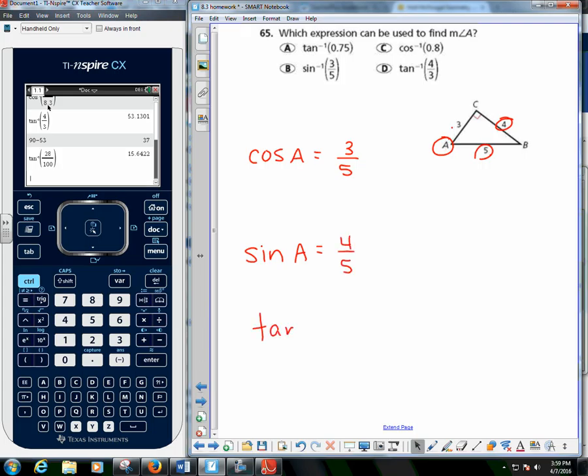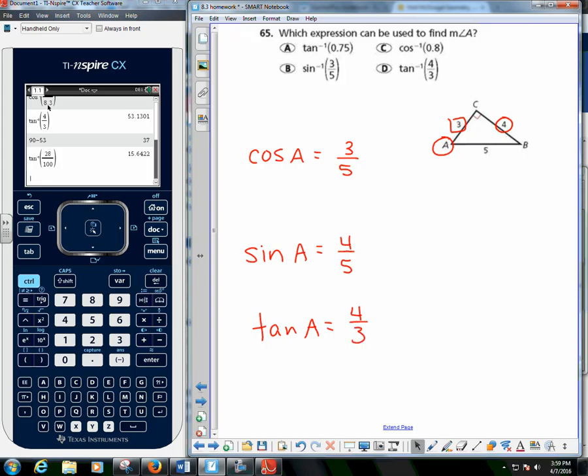Or I could say that the tangent of A is the opposite over the adjacent. Sorry, I have to think out loud a little bit.